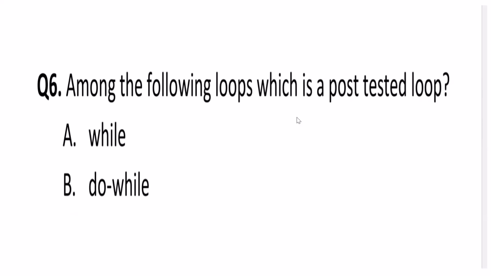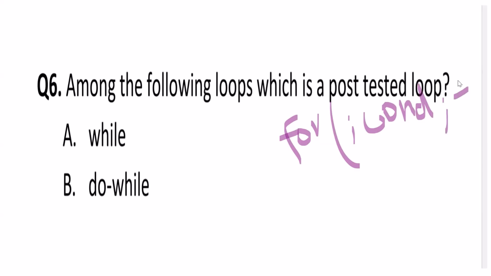If you see a for loop, the syntax is like this: here the increment happens first and then the semicolon, here the condition is there, right? Sorry, I can't make that good writing here. Condition is there and then we have plus plus or minus minus whatever, and then after this there is some execution.